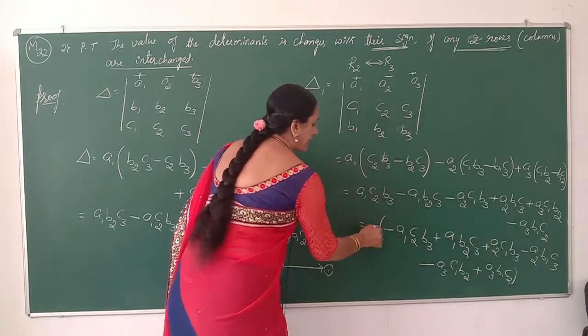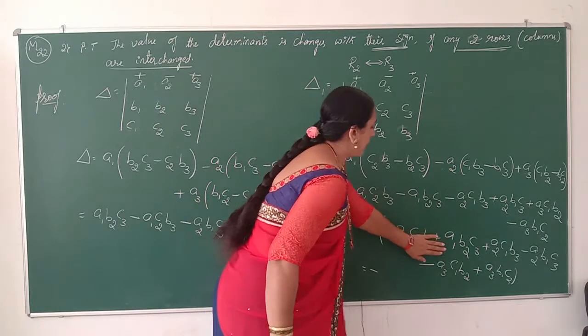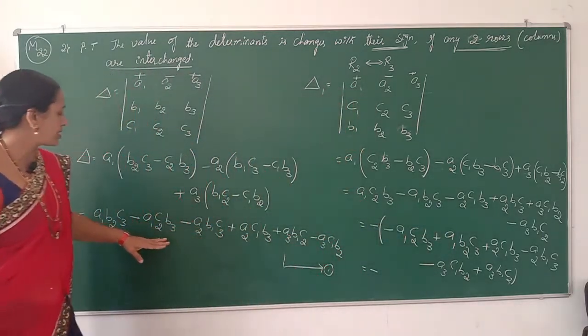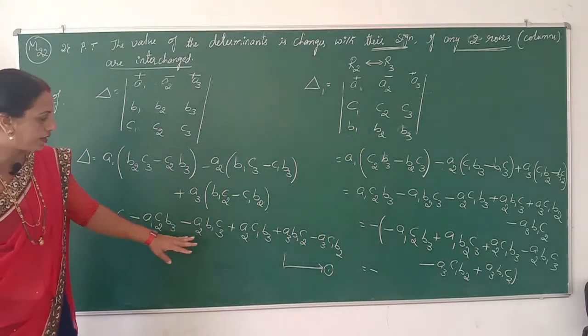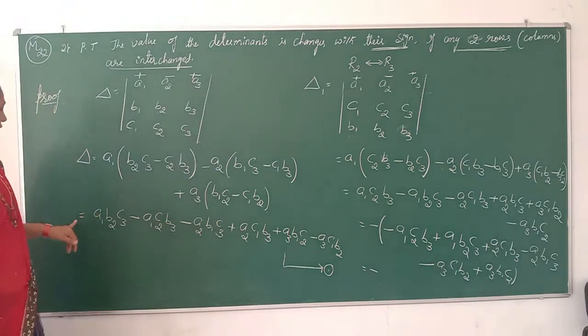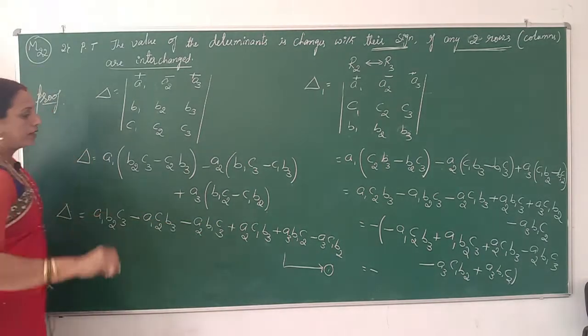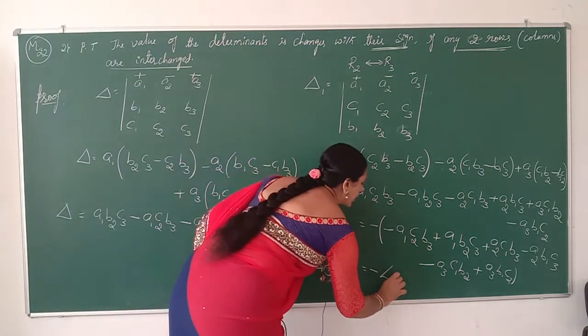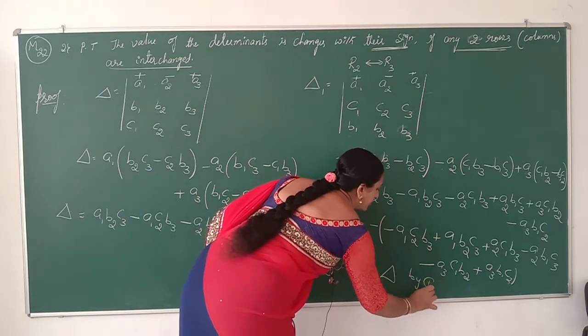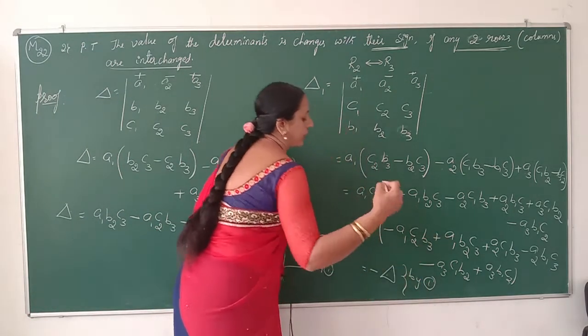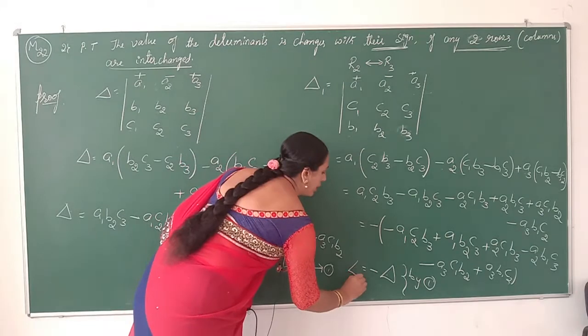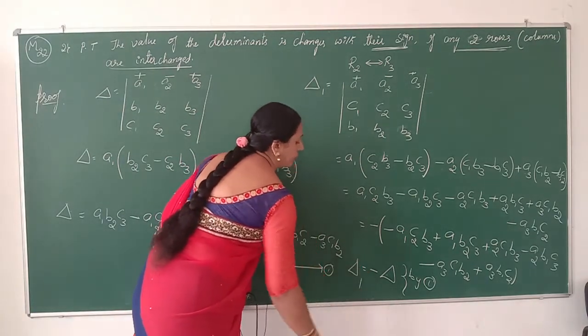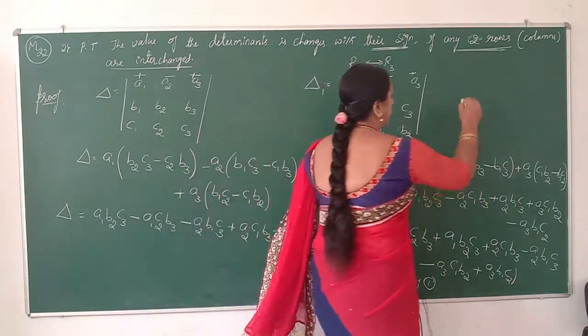Except for the negative, the remaining terms are always equal to those in equation 1, therefore the whole expansion of the equation is denoted by delta by using equation 1. It can be written as delta, therefore delta 1 is equal to minus delta.